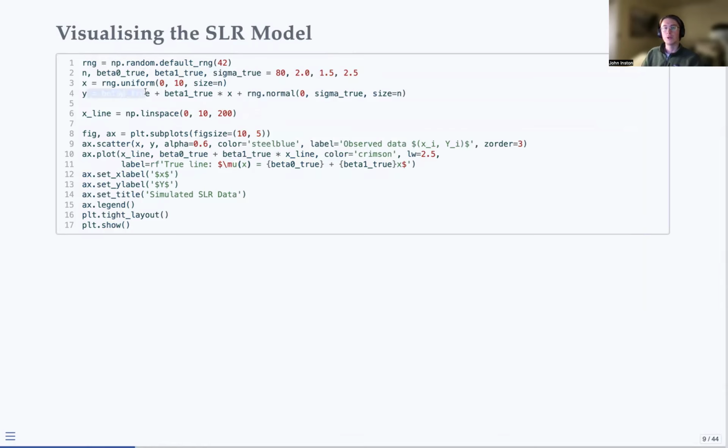I apply this transformation where x gets fed into this linear expression. So this isn't doing any generation, any randomness. I just apply this noise term after the fact, which is just a normal random variable centered at 0 with standard deviation given by sigma, which we defined up here.